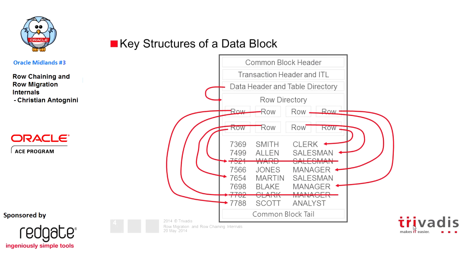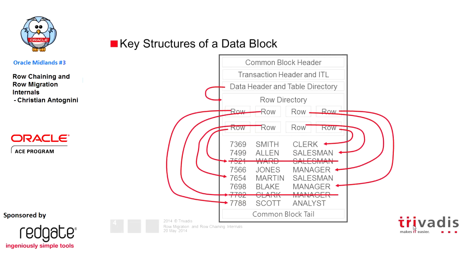If I store more rows, in this case I have 8 rows, with these 8 pointers you know where the data is. It is interesting to point out that the position inside the row directory is what is referenced by the row ID of a row.